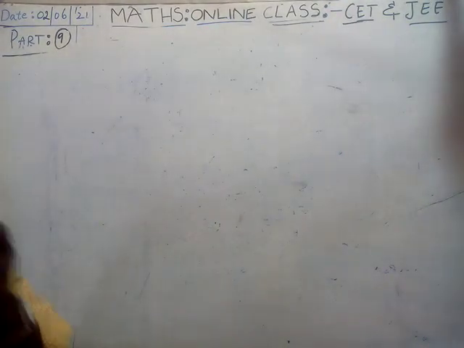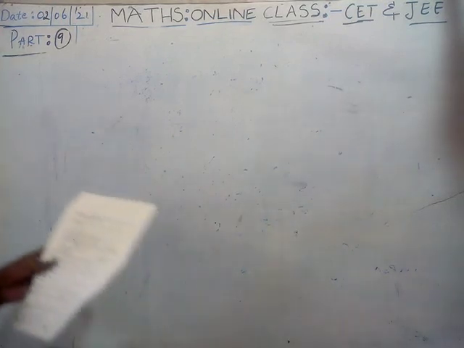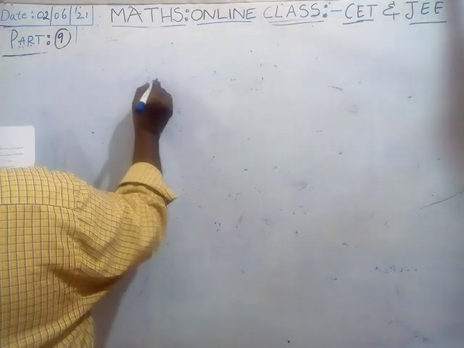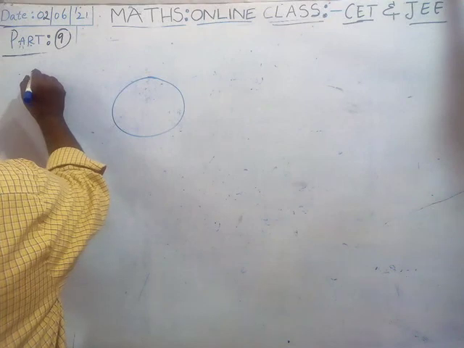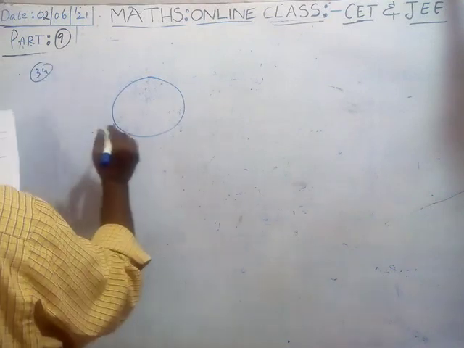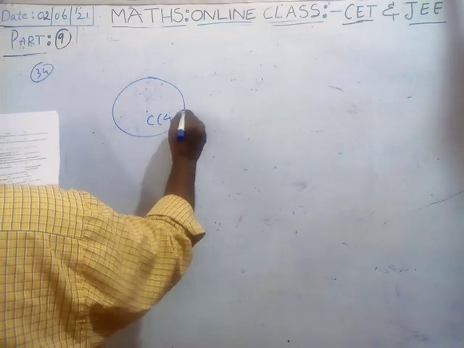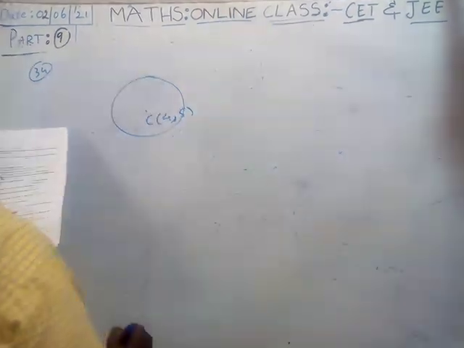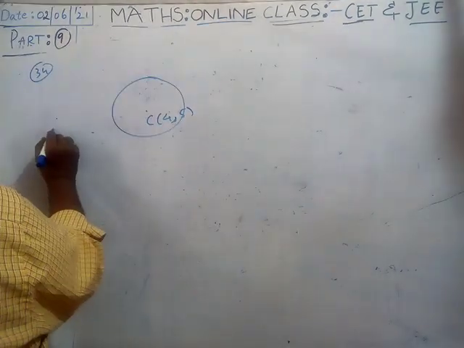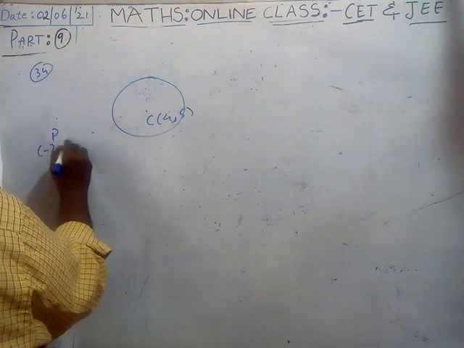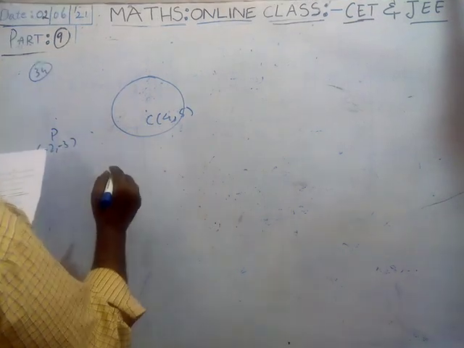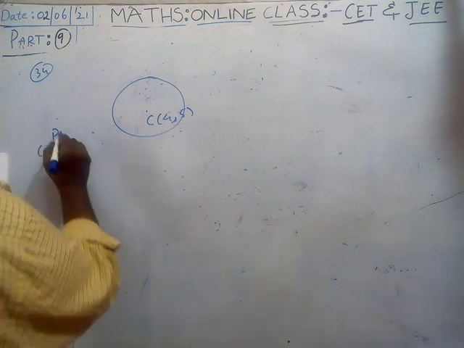We are given a circle with the center C (4, 5). P is a point (-2, -3). The circle equation is given.